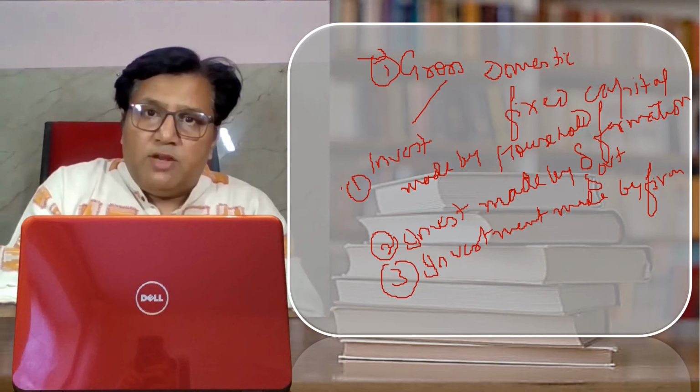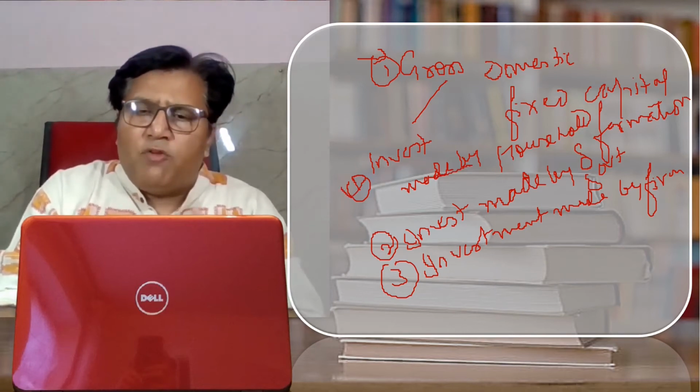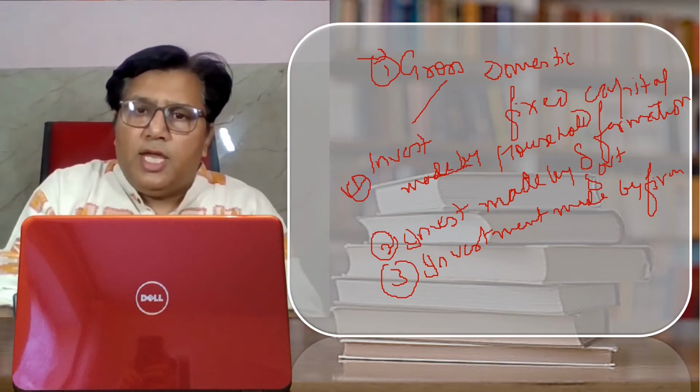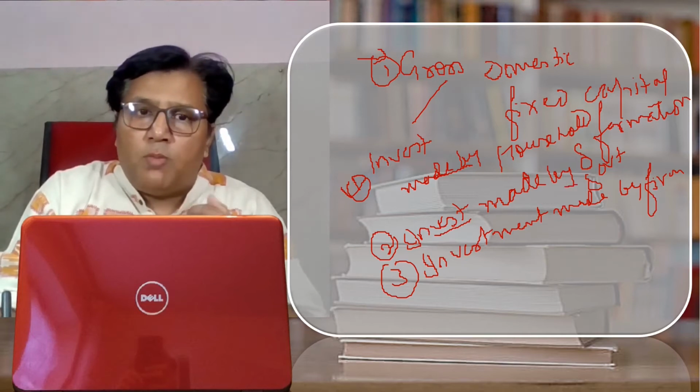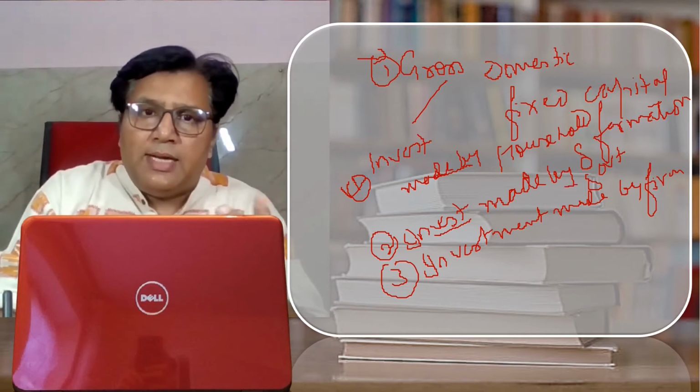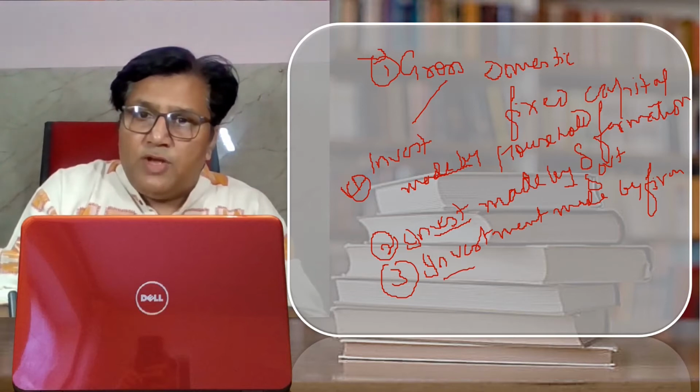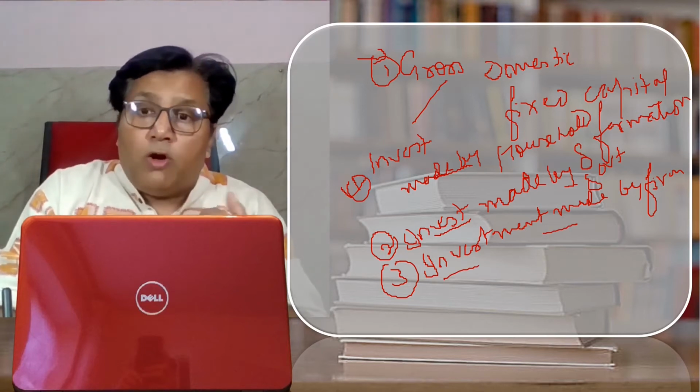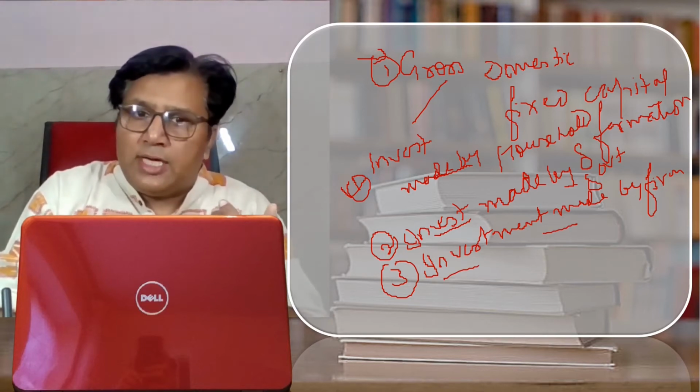Always remember, the investment made by the household is in the form of property. Investment made by the government is in the form of infrastructure, for example, dam, bridges, etc. Investment made by the firm is on fixed assets like machineries, building, etc.